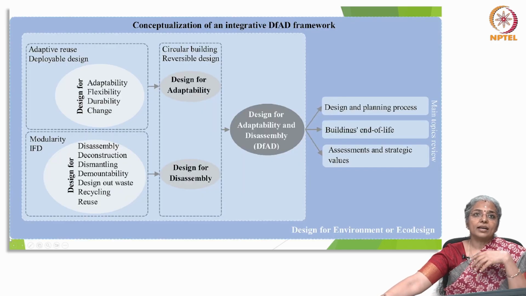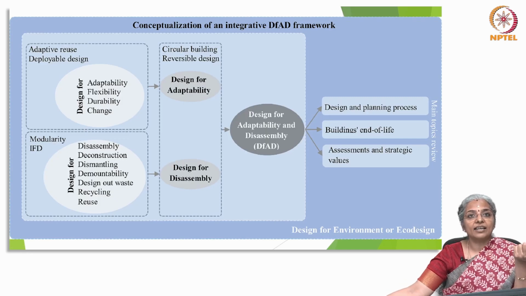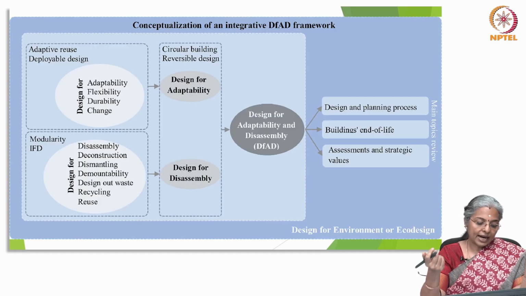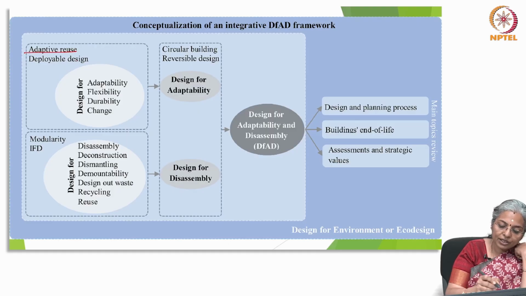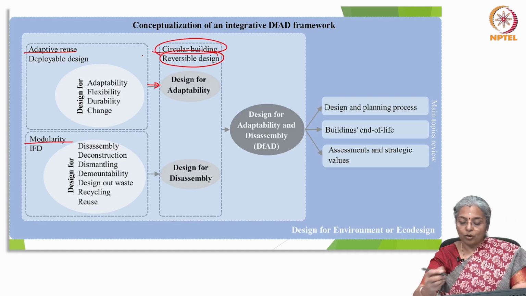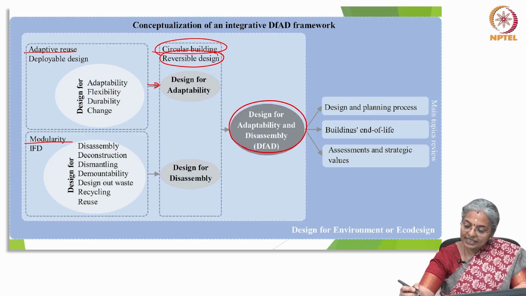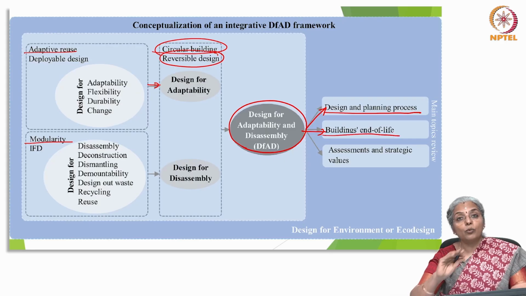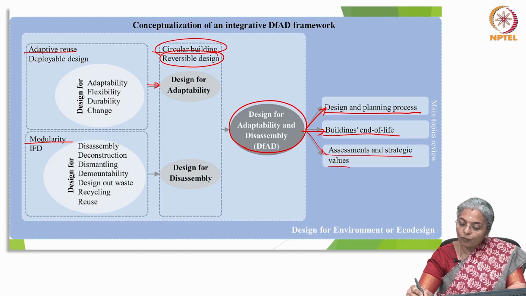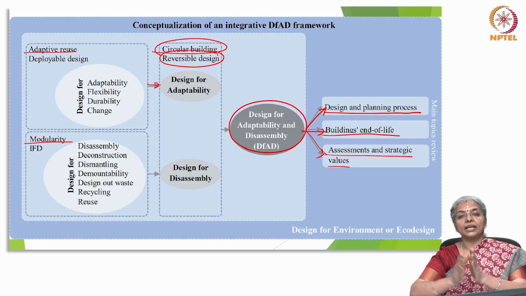So if we look at how to conceptualize an integrative design for assembly and disassembly framework, I had already told you about how adaptive reuse and modularity, they both contribute together to circular building and reversible design, and also how design for adaptability and disassembly, it is important to consider it in the design and planning process as well as the end of life of the building, which is a birth for another building, and then assessments and strategic value of what you are going to retain for adaptability or disassemble.